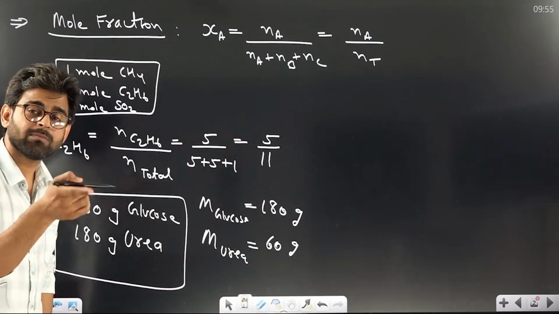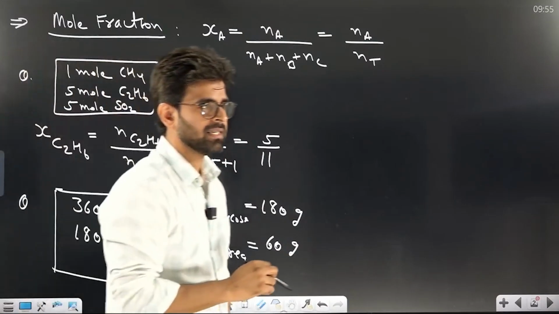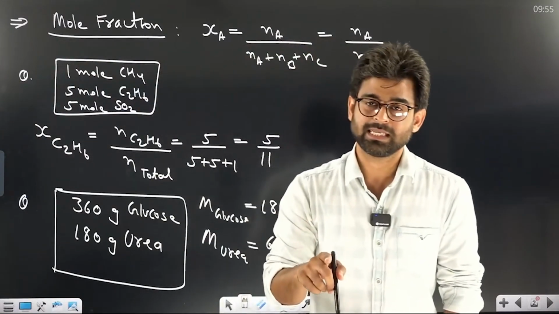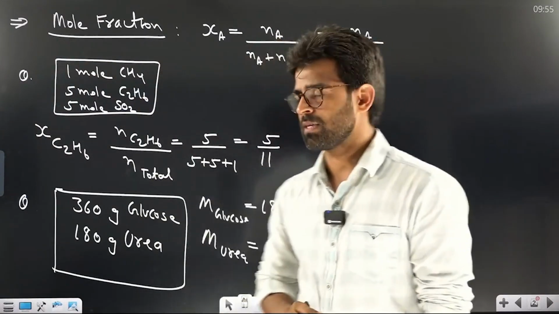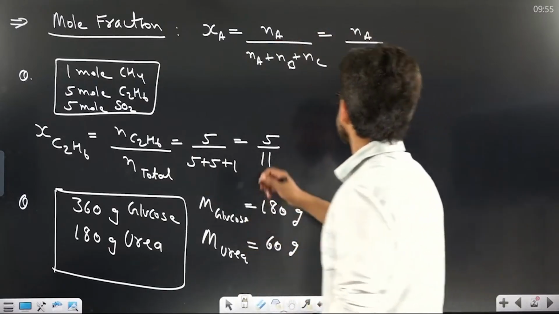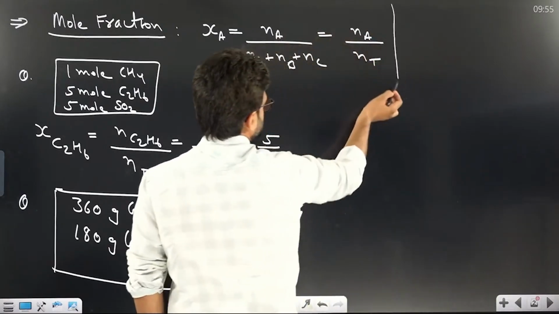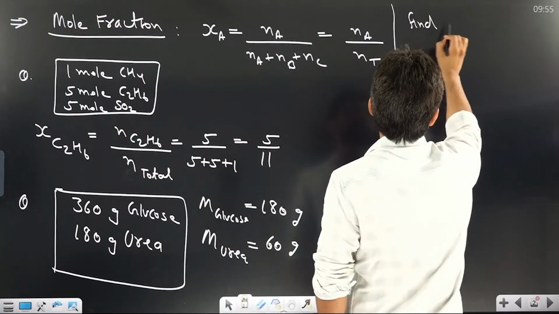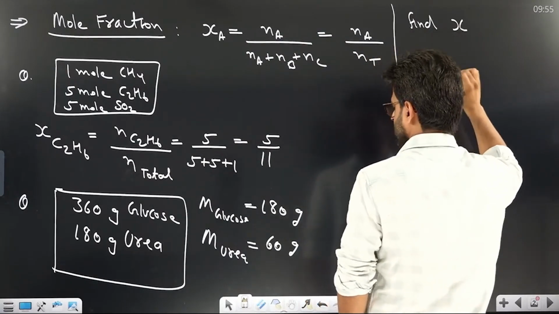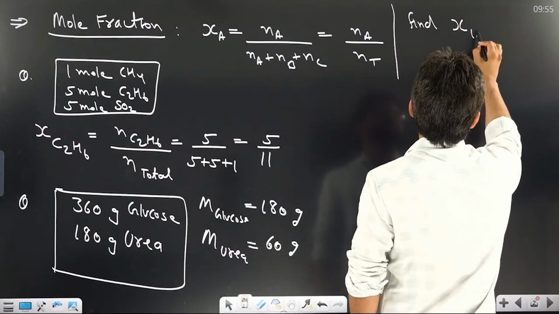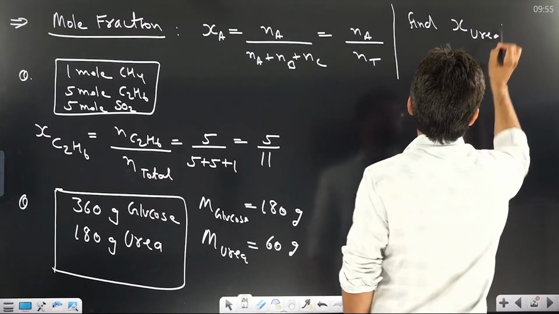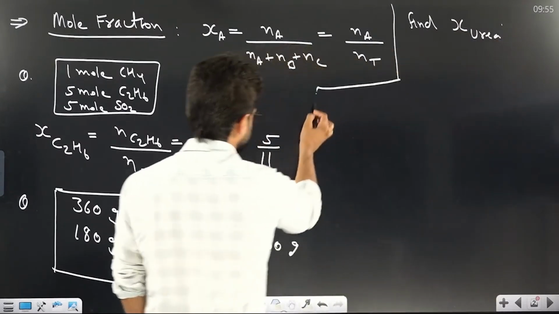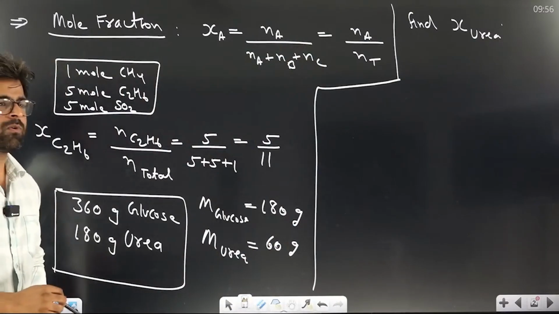So first you have to find moles, then you have to find mole fraction, right? Hint is given to you. Question is find mole fraction of urea.